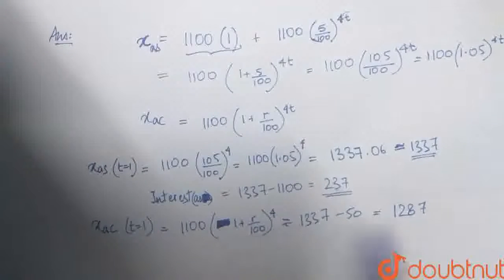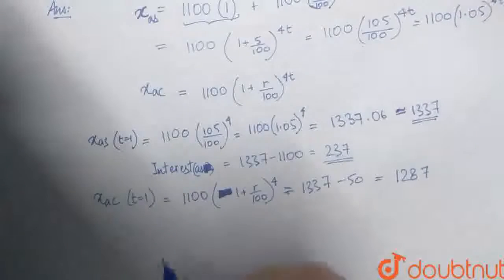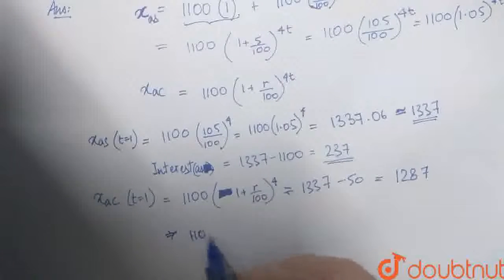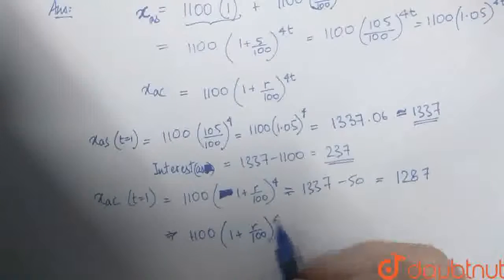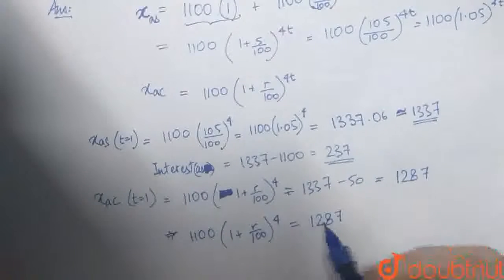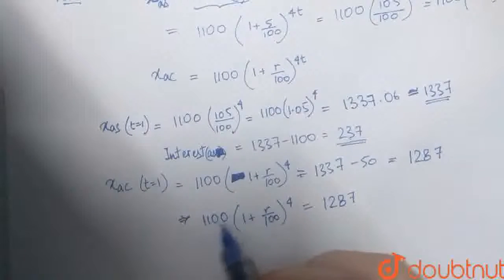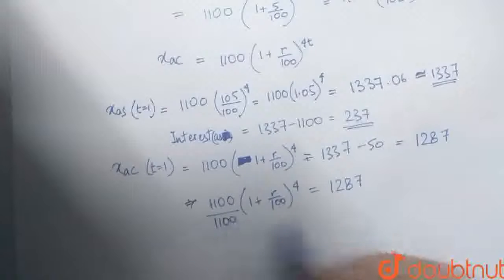Now from this equation we can find out the value of r. So we have this equation: 1100 times 1 plus r by 100 to the power of 4 equals 1287. What we'll do here is send 1100 to the other side, so we divide both sides by 1100.